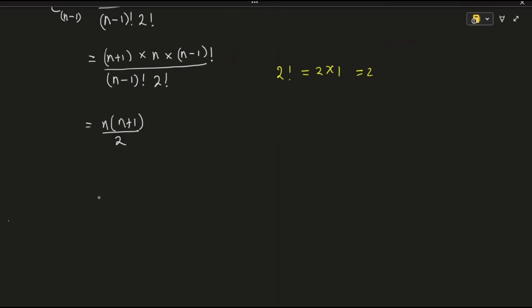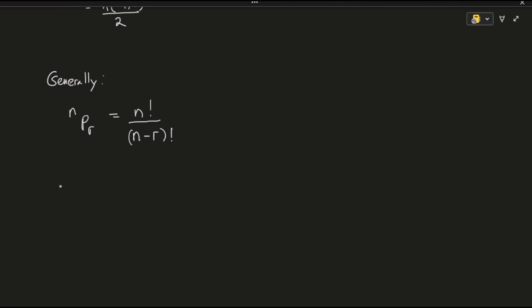Now, for the right side of the equation, for permutations, generally, n permutation r is given by n factorial over n minus r factorial. So if we have n plus 1 into brackets n minus 1, it will be given by n plus 1 factorial all over 2 factorial.